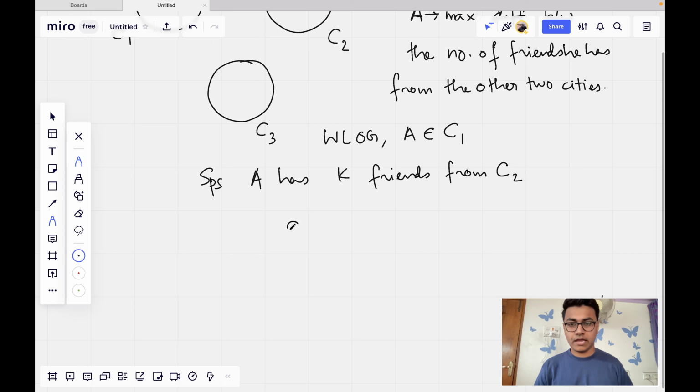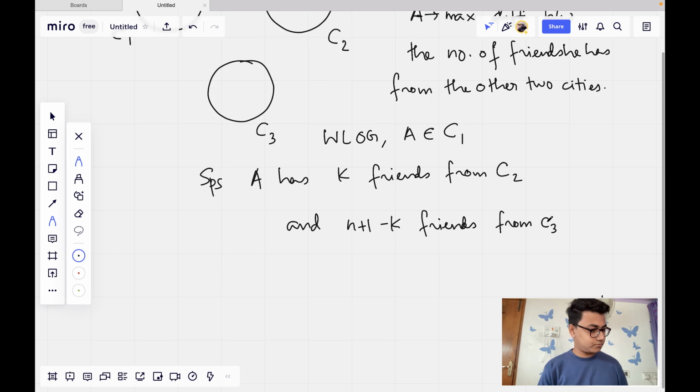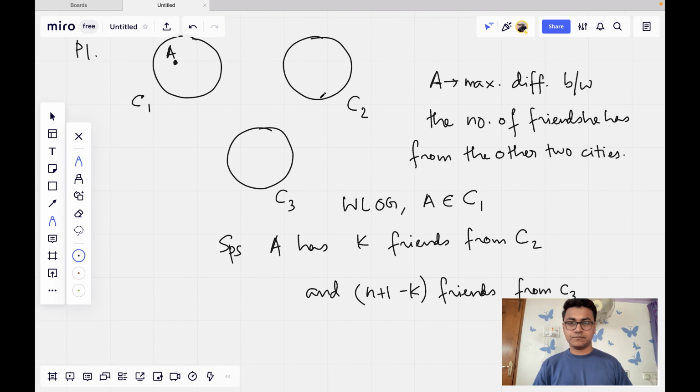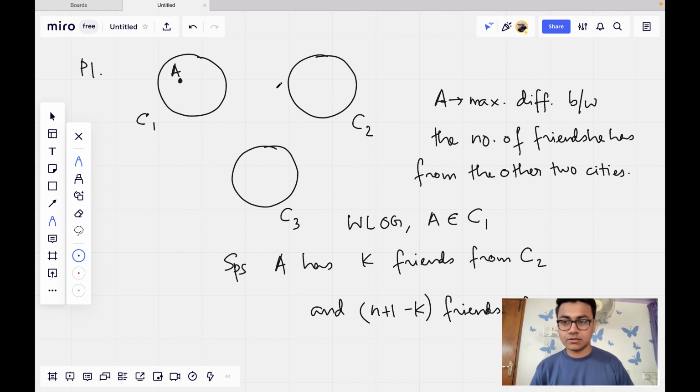And if it has k friends from C2, then since it has a total of exactly n plus 1 friends, it will have n plus 1 minus k friends from C3. I will use a highlighter here.